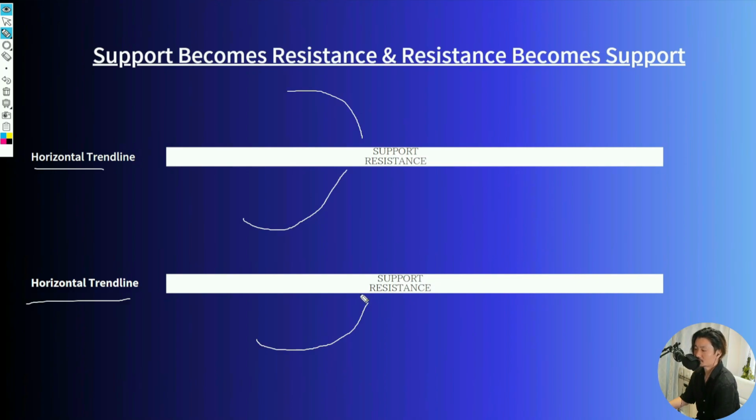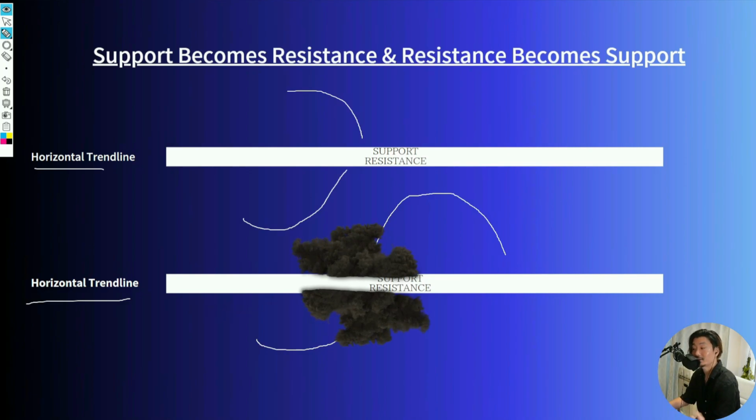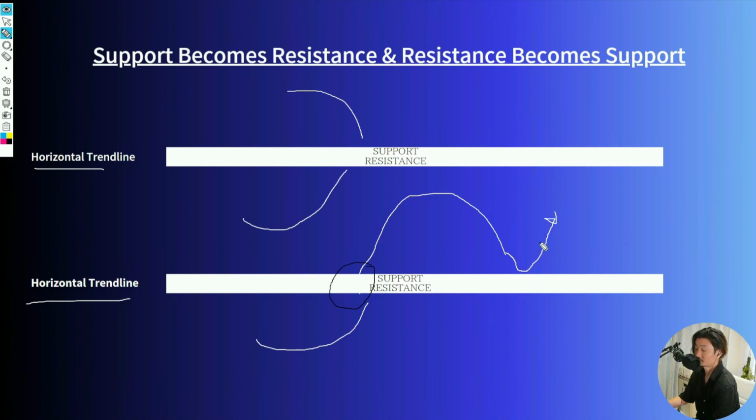But let's say price gets through this resistance and then comes down, that same horizontal trend line will be referred to as support. And like I just showed you, after price got through this resistance and came down, let's say this same support made price bounce off it.